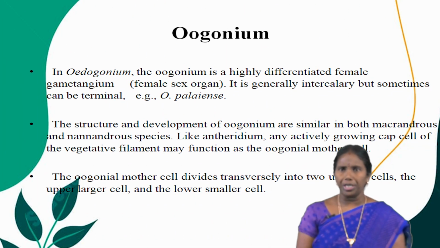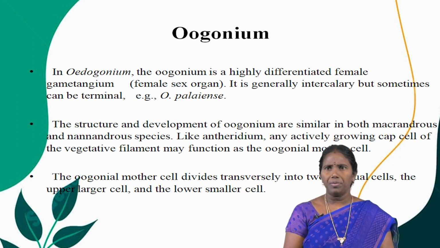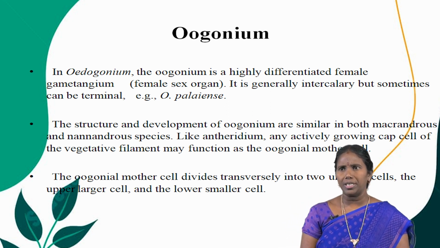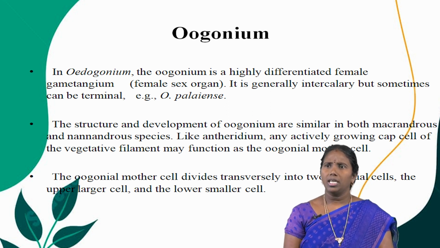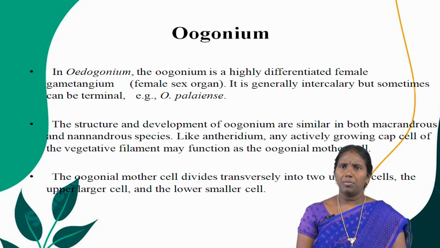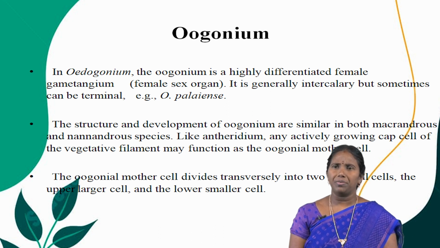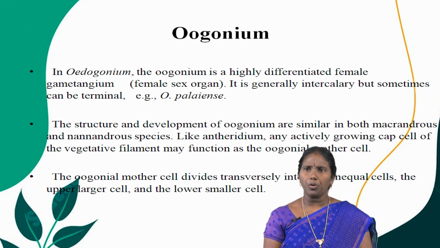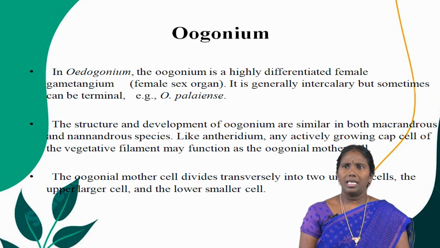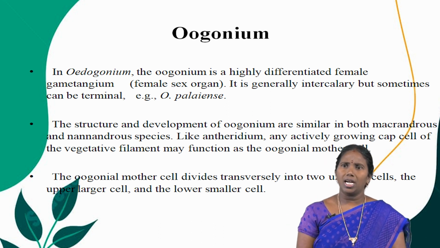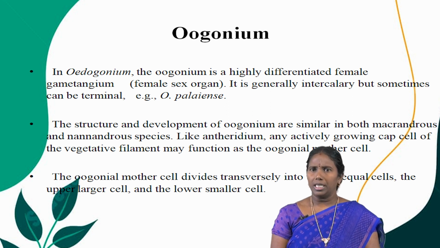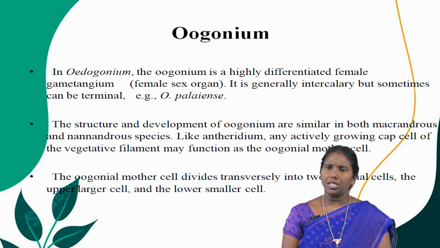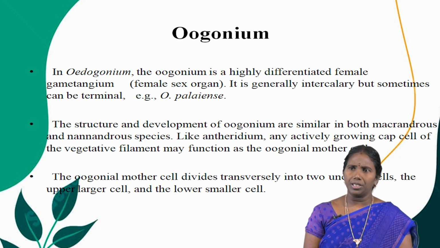This is the oogonium. In Oedogonium, the oogonium is a highly differentiated female sex organ. It is generally intercalary but sometimes can be terminal, for example Oedogonium. The structure and development of the oogonium are similar in both macrandrous and nannandrous species, like the antheridium.